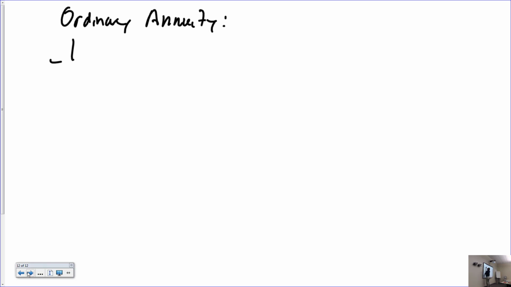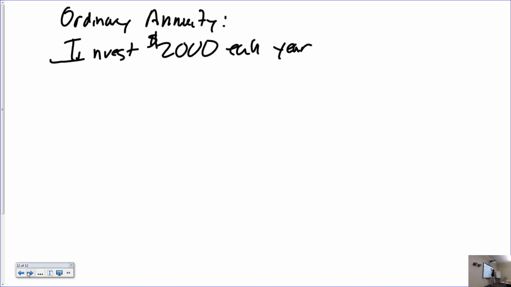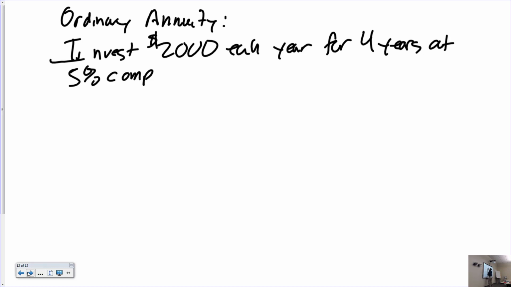Let's suppose we're going to invest, let's say, $2,000 each year for 4 years at, let's suppose it's simple, 5% compounded annually interest.